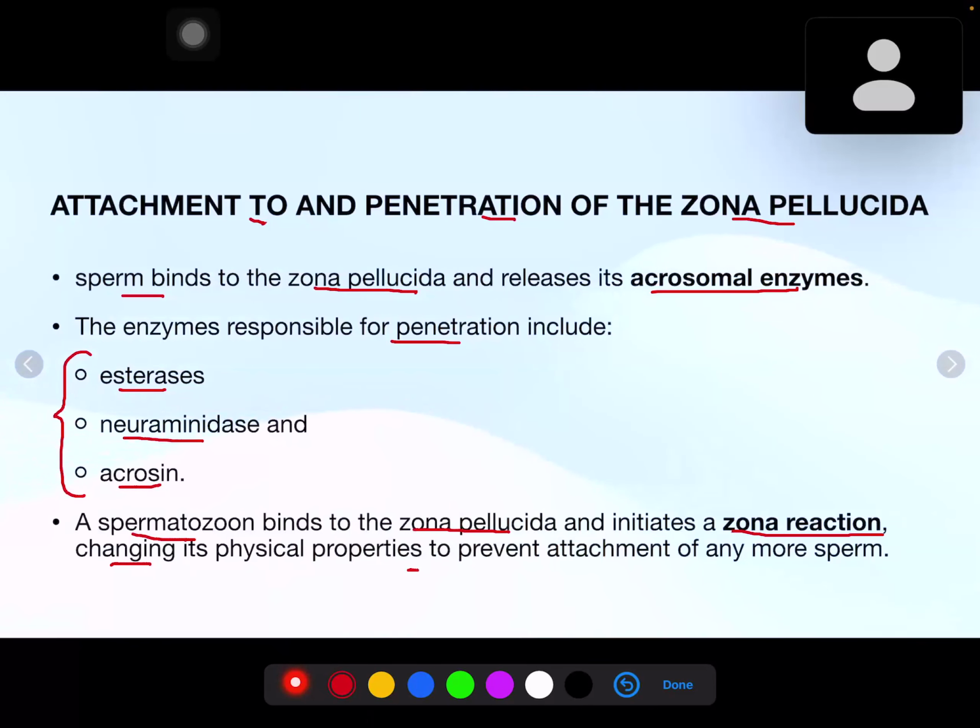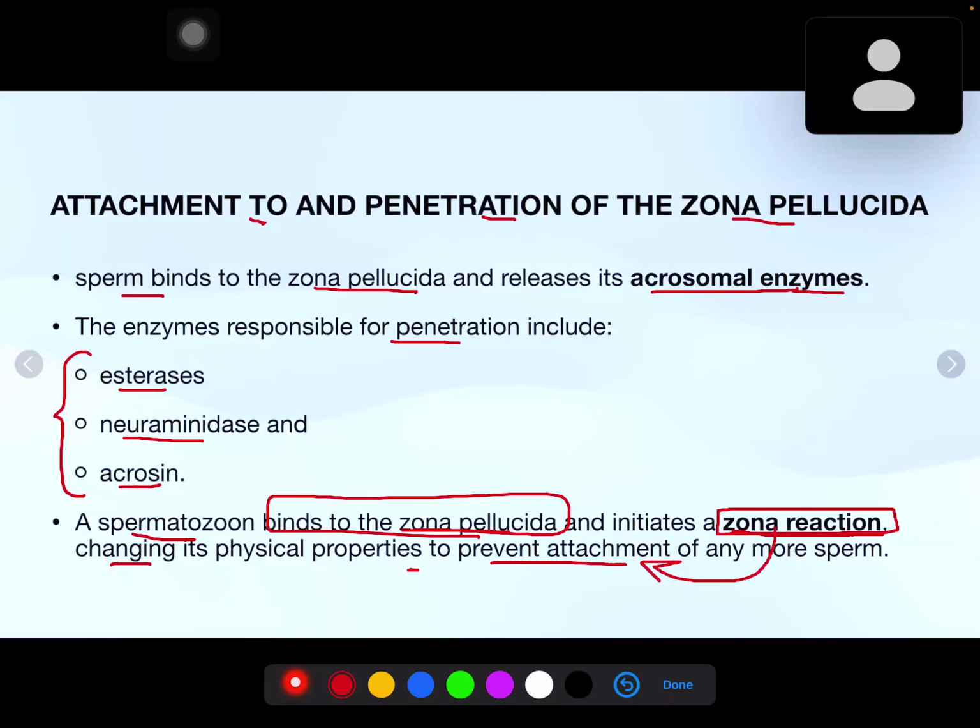So after capacitation, the acrosomal reaction, and the release of acrosomal enzymes, when the sperm binds to the zona pellucida, this process is called the zona reaction. It prevents further attachment of more sperm, so that no more sperm can fertilize this egg. Only the first sperm that enters the zona pellucida can go inside the oocyte.